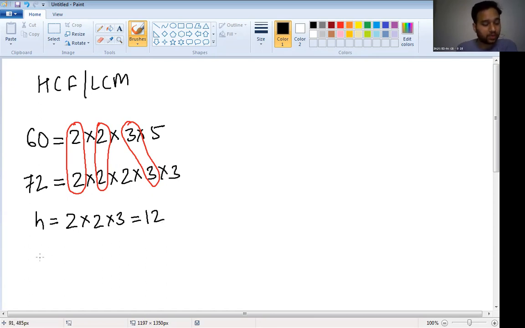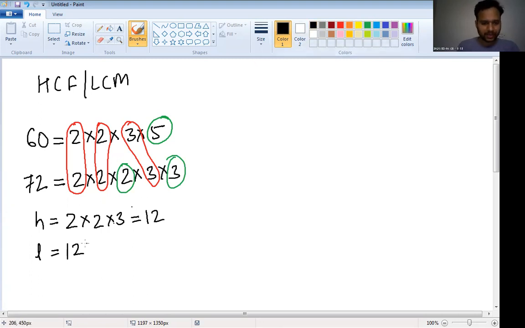Right. Now, what we used to do for the LCM? For the LCM, we used to take the common part once and the uncommon part also once. What is the uncommon part? In 60, it is 5, and in 72, it is 2 into 3, that is 6.